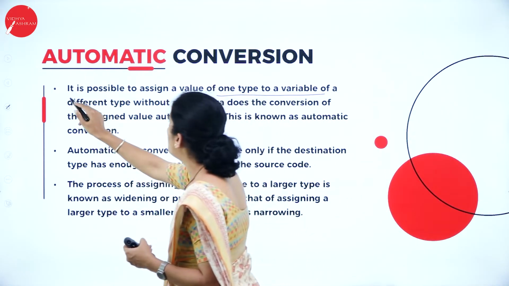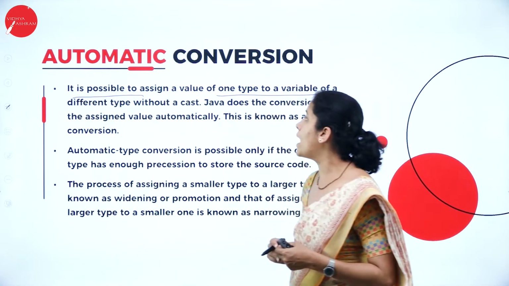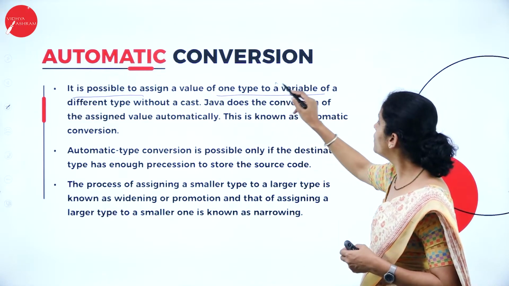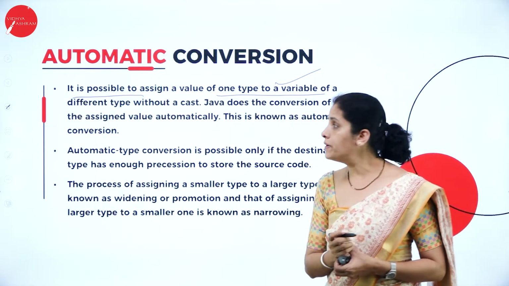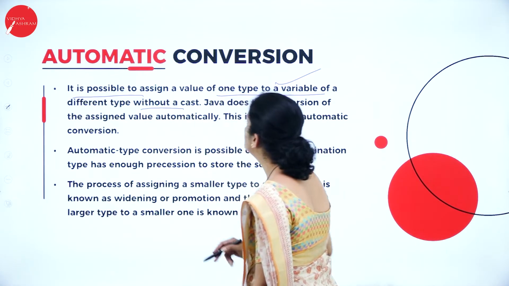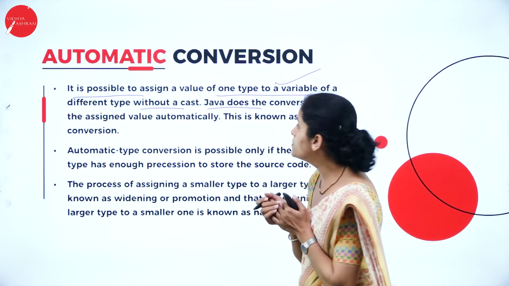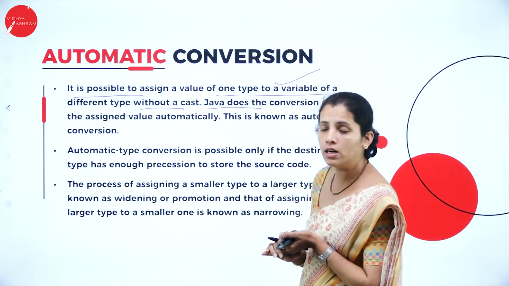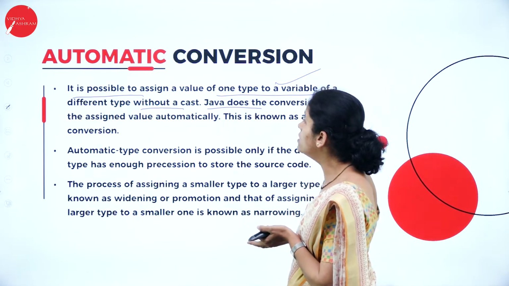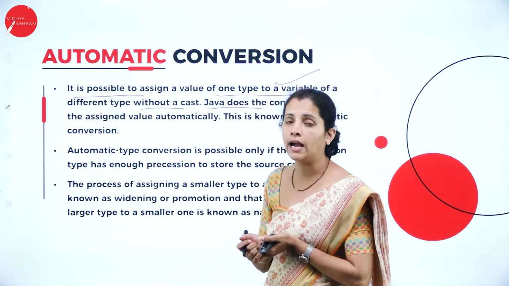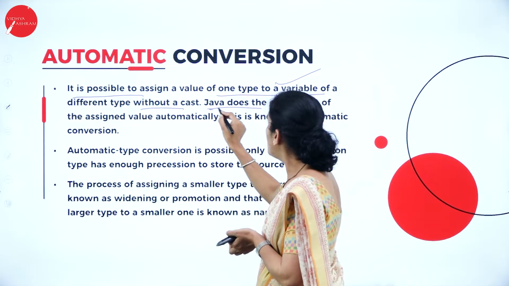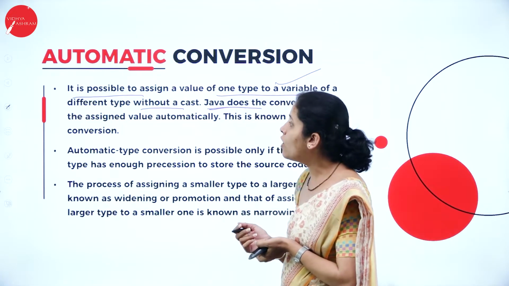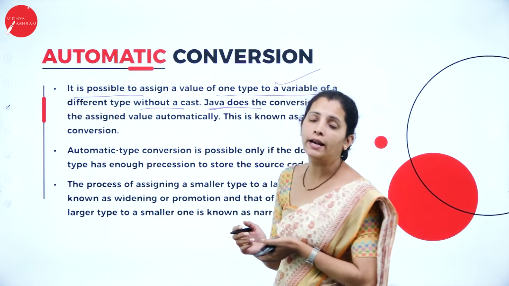So it is possible to assign a value of one type to a variable of a different type without a cast, that is, without typecasting. Java does the conversion of the assigned value automatically.